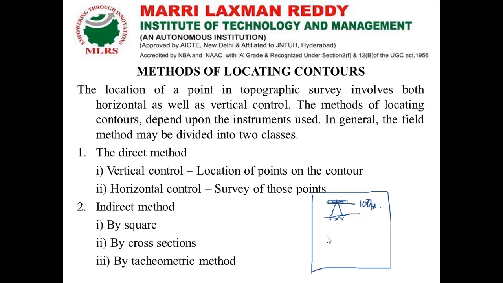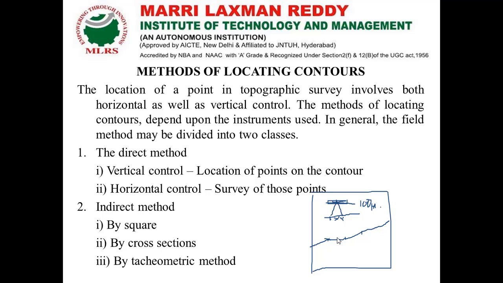So this is my 100 meter line, and these points I have to select by trial and error method. First I place the instrument. If I am getting the 100 meter, I can choose that place. If I am not getting 100 meter, then I have to shift my leveling staff to some other position.